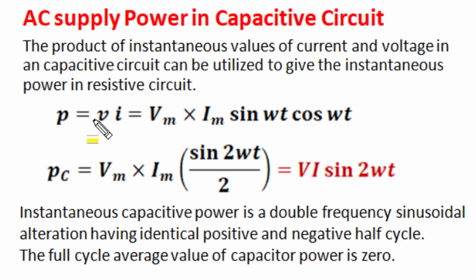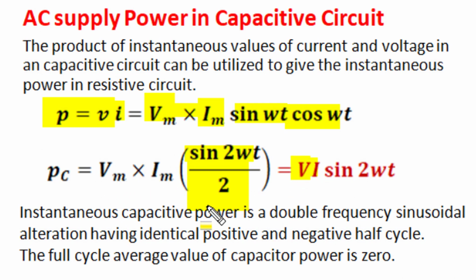We know that the product of instantaneous voltage across the capacitor and instantaneous current through the capacitor becomes the instantaneous power of the capacitor circuit, and if voltage is Vm sin omega t and current is Im cos omega t, then instantaneous power is Vm Im sin omega t cos omega t. If we use the trigonometric identity of sin 2 omega t, which is 2 sin omega t cos omega t, we can write sin omega t cos omega t as sin 2 omega t by 2, and Vm by root 2 is Vrms and Im by root 2 is Irms.